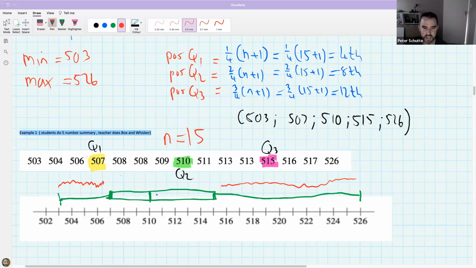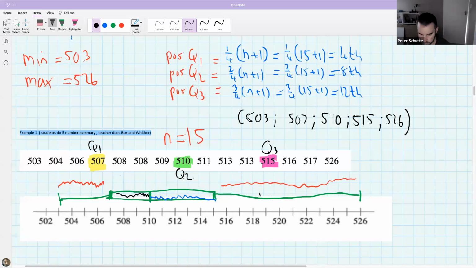Also, if we look at the 25% above the median and compare it to the 25% below the median, you also see that the 25% of data above the median is more spread out than the 25% below.